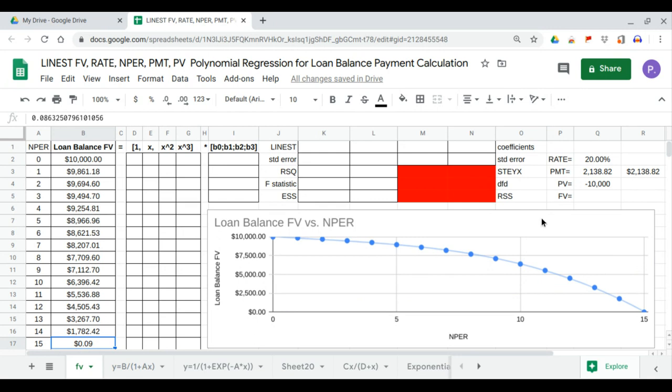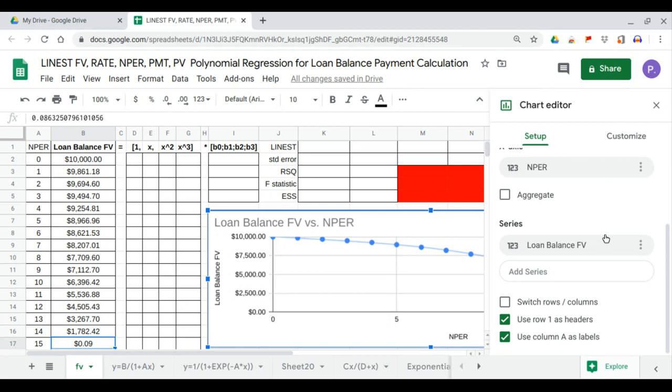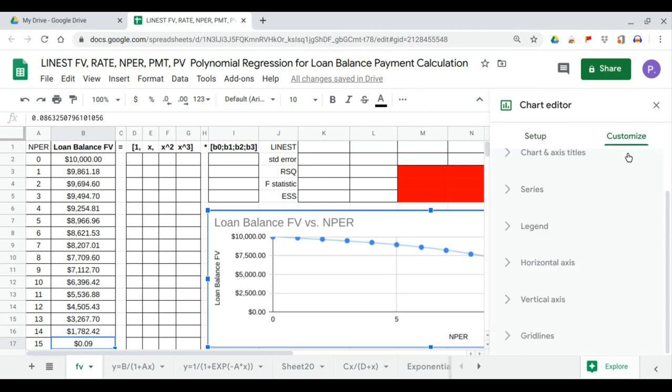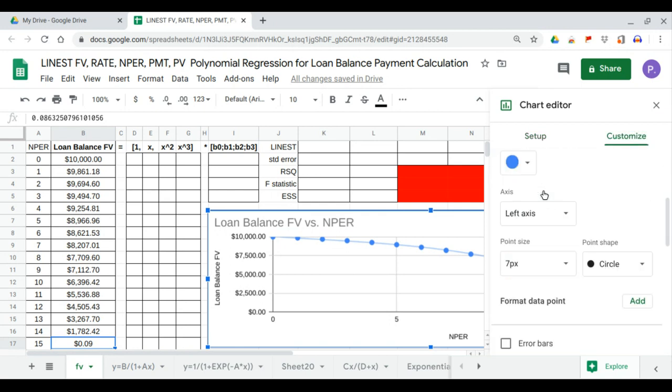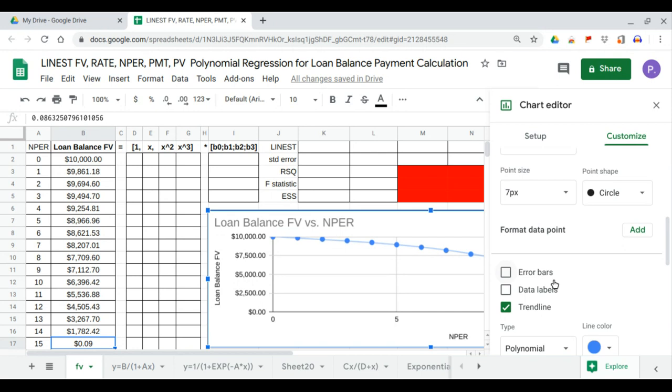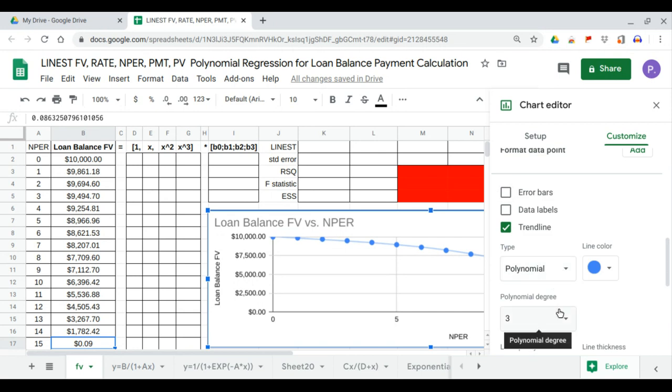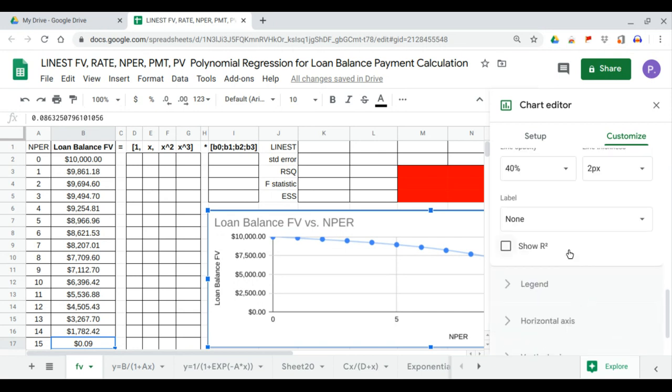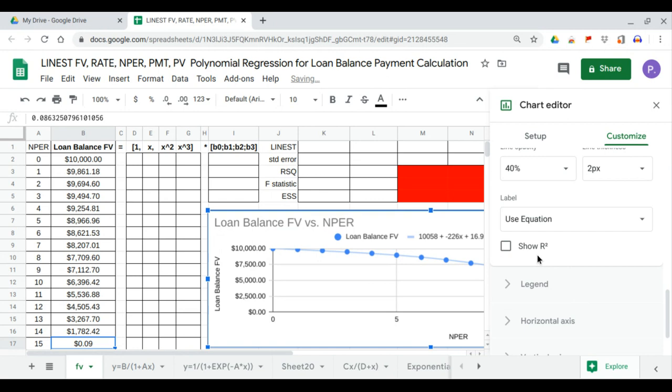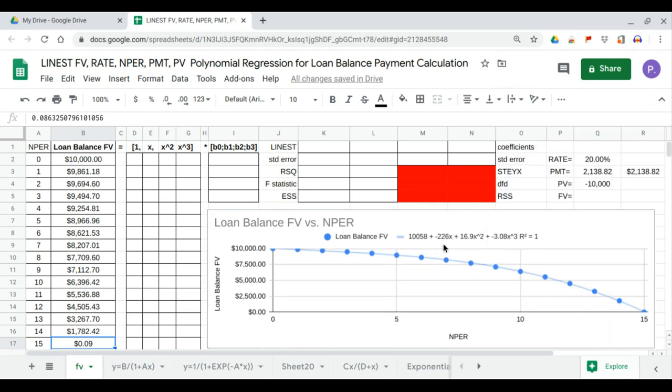To do that, we will choose the chart and choose the trend line, the series for the trend line. We'll use the polynomial and show the value of the equation and the R squared as well. So here we have our B0, which is 10,058.